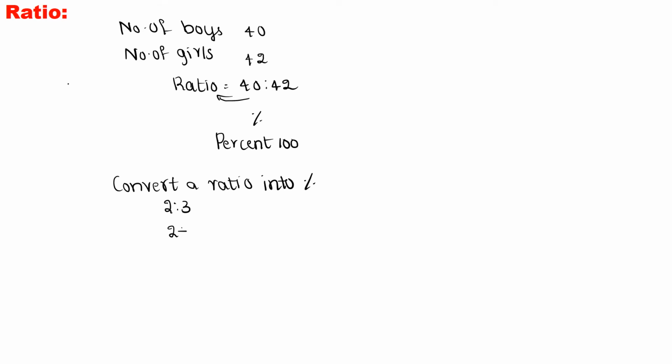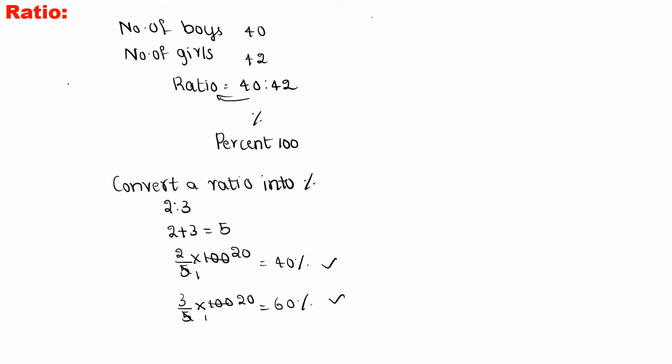First, you have to add the ratio. 2 plus 3 will be 5. 2 by 5 percent means 100. 5 into 2 by 5 into 100. 5 ones are 5, 5 20s are 100. 2 into 20 is 40%. Next, 3 by 5 into 100. 5 ones, 5 20s. 3 into 20 is 60%. So 40% and 60%.